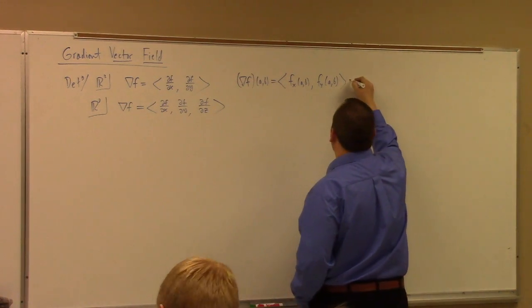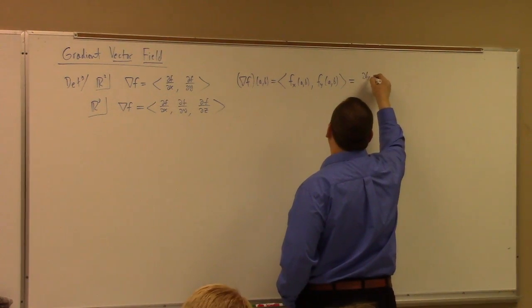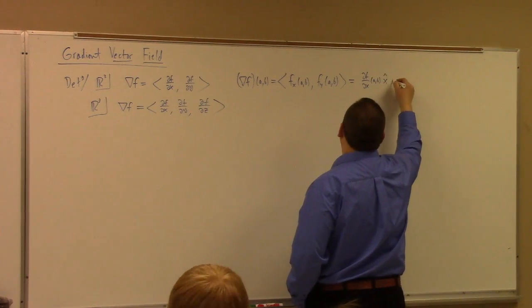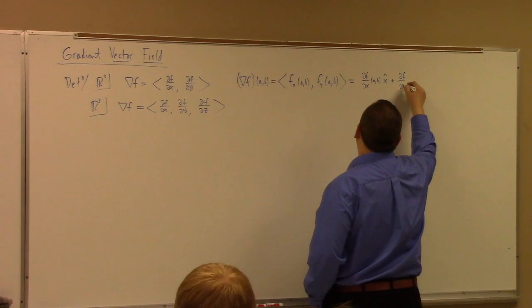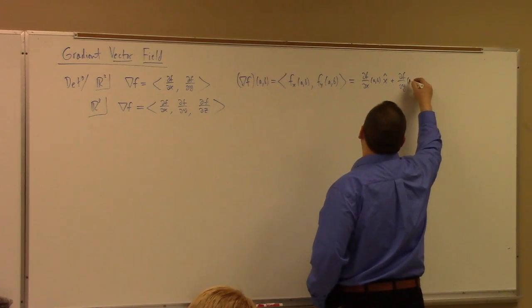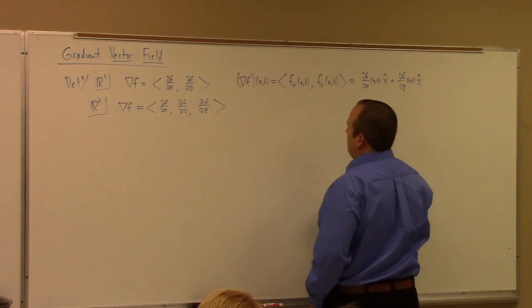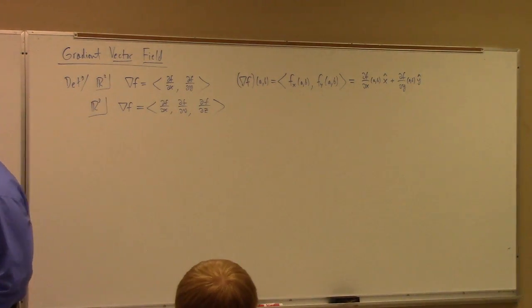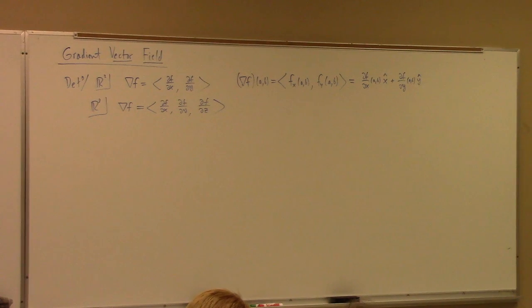Or if you like to be like most Calc 3 books, you might write partial f partial x at the point (a, b) times x hat, plus partial f partial y at the point (a, b) times y hat. It's the attachment. What you're doing is attaching a vector, the gradient of f, at the point (a, b), and you're doing that for all points. So this isn't the assignment of a single vector, it's the assignment of a vector at each point. And that's what a vector field is. Okay.